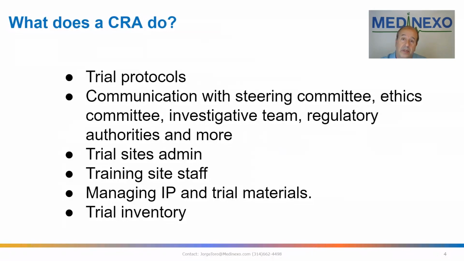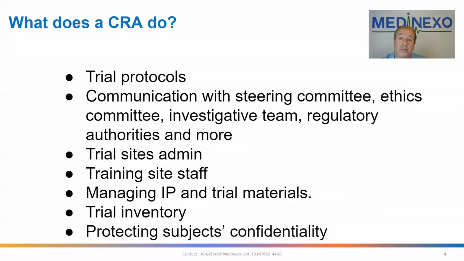And then protecting the patients' and subjects' confidentiality on the trials, making sure that the information is anonymized when it needs to be anonymized, that there is a clear connection. So these are the typical duties of a CRA. Now, these duties might be split between multiple CRAs at the time. It depends on the size of the site, the number of trials that you're conducting, and the way you distribute your roles and responsibilities on a site or as an investigator.